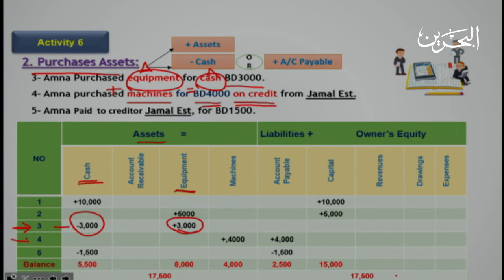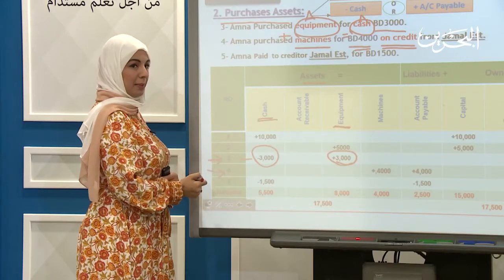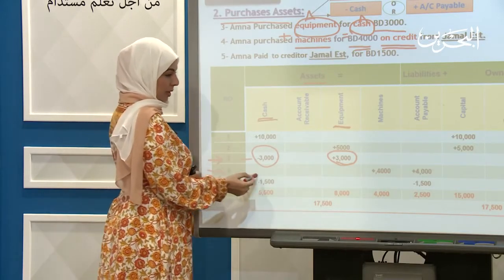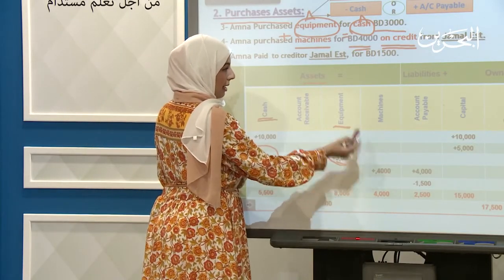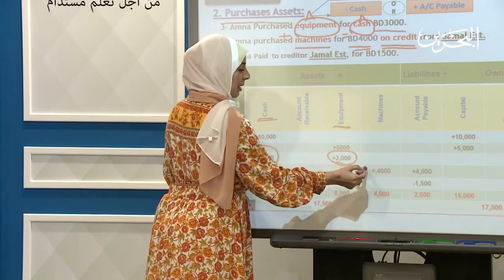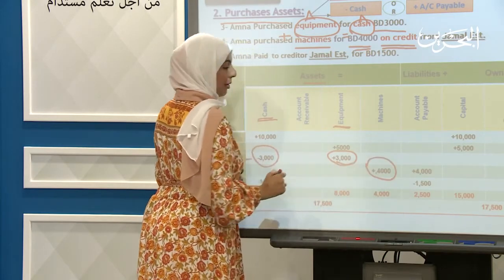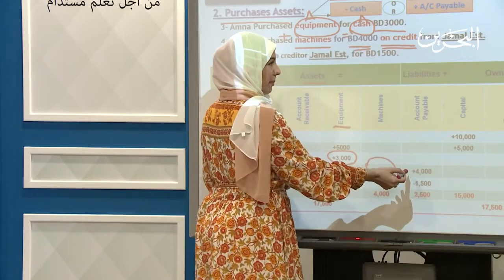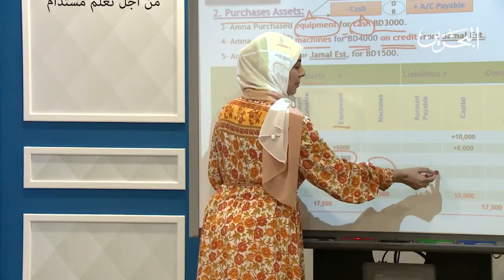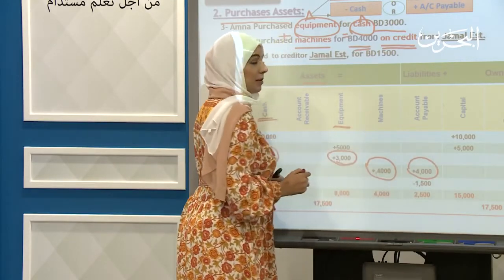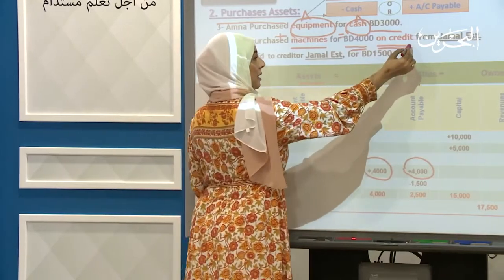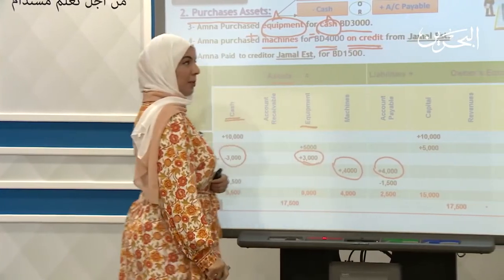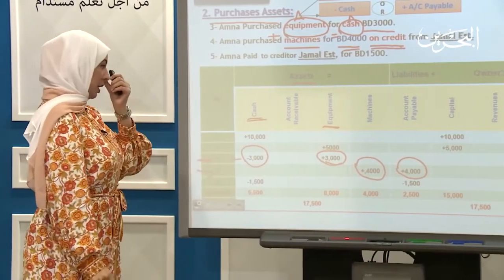Showing this transaction in the table, going to transaction 4, I go to the machine account under the assets section, and it will be increased by 4,000. Shifting to the liability of my company, it will increase by 4,000. Why does the liability increase? Because I didn't pay the price or the cost of this machine.